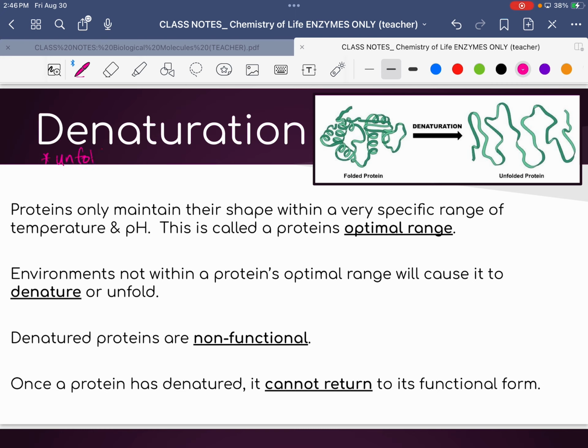So this just means unfolding, or losing the 3D shape. If we lose the 3D shape, then that's called denaturation.